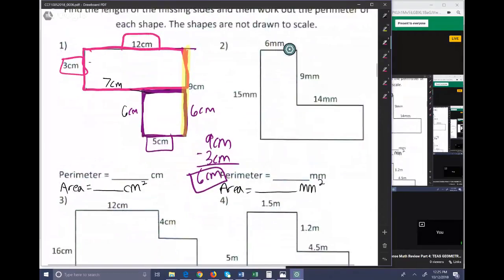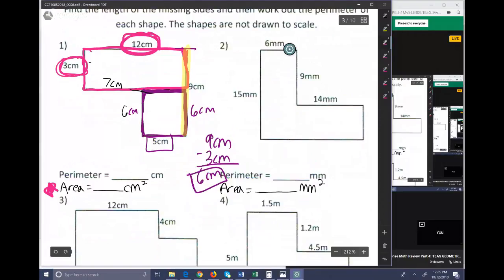So now we need an area for each of the rectangles. I'm going to do area first, just the habit that I'm in. So for area, we have 12 and 3 up here. If you take 12 times 3, you'll get 36 square centimeters for this rectangle. This rectangle here is 6 and 5.